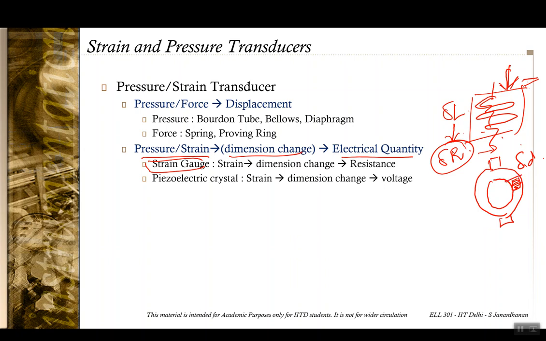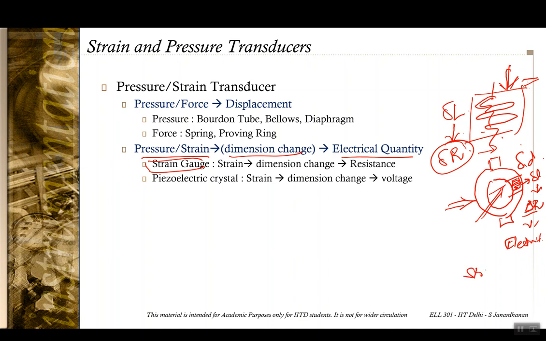The displacement of the proving ring is translated to a change in dimensions of the strain gauge, which causes a change in resistance of the strain gauge, which is picked up and measured by an electrical circuitry. So you have a primary transducer here and a strain gauge as a secondary transducer. So you have an indirect measurement also.